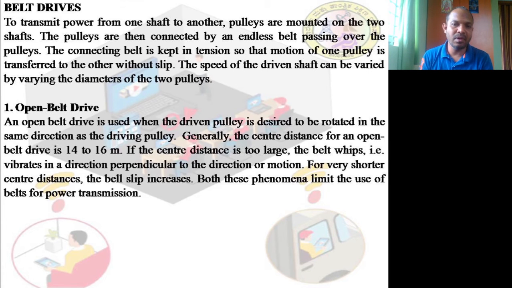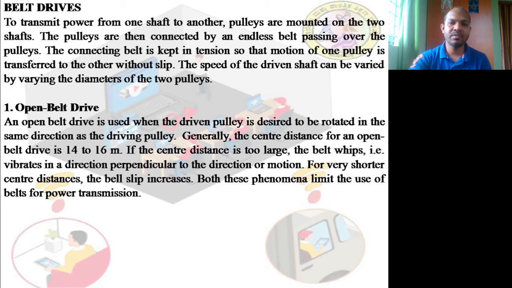If the center distance is too long, the belt whips or vibrates perpendicular to the direction of motion. For very short center distances, the belt slip increases. Both these phenomena limit the use of belt power transmission.